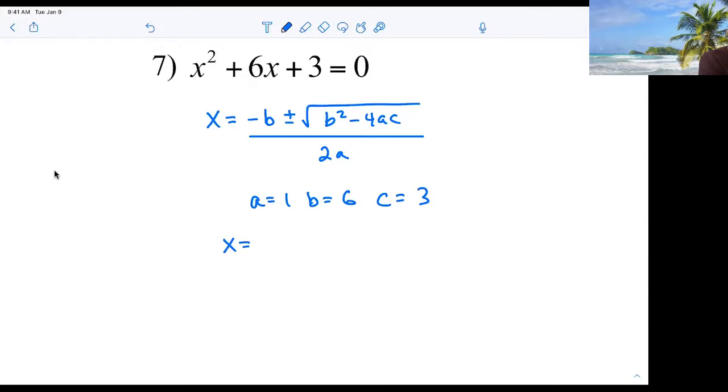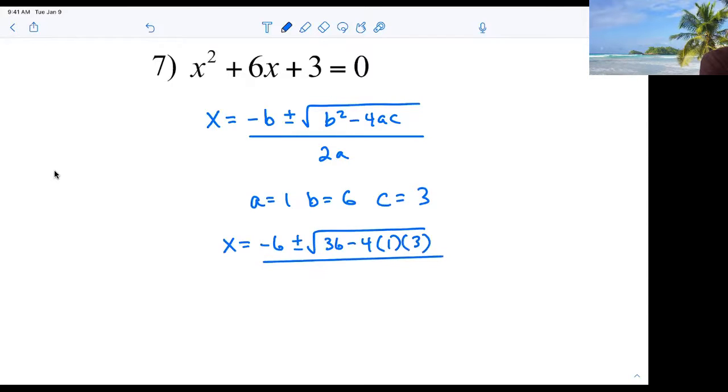X equals -6 plus or minus square root 36 minus 4 times 1 times 3 all over 2, right?